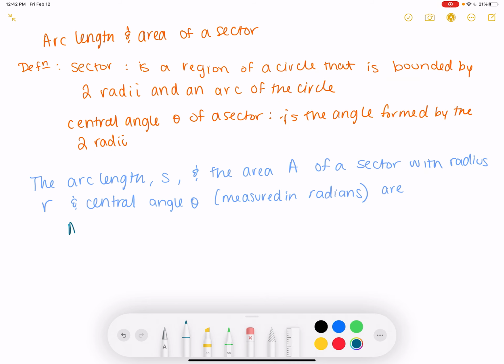Arc length S is equal to r theta, and area A is equal to 1/2 r squared theta, or 1/2 rS.